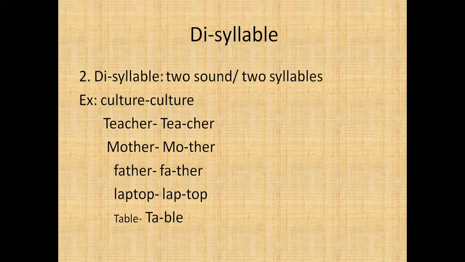But what did the British do? Hosapete has four syllables in Kannada. They didn't like to make it difficult, so they made it Hospet, two syllables. You understand? Yes, that is why teacher, mother, father, laptop and table are disyllables.